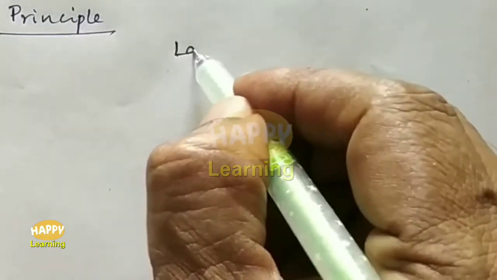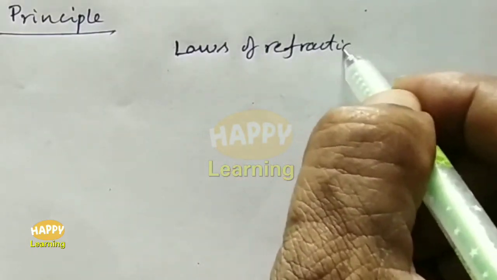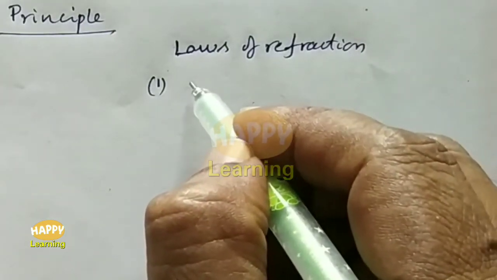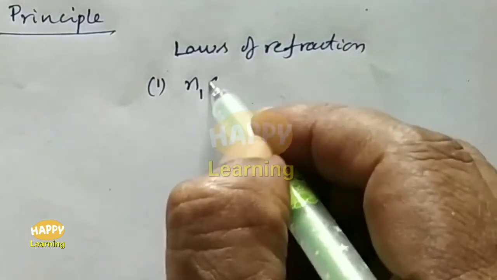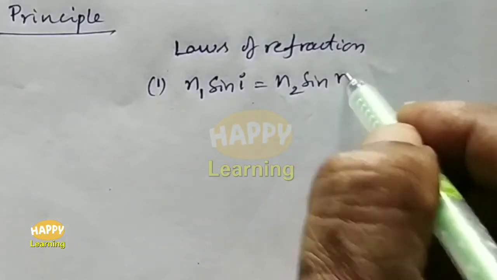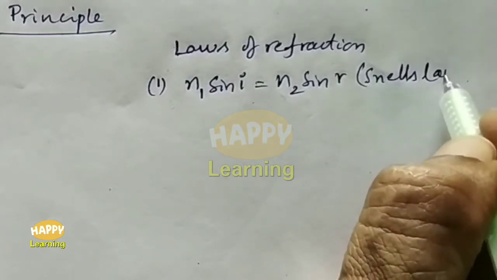So what are the laws of refraction? Number one is n1 sin i is equal to n2 sin r. This is also called Snell's law.